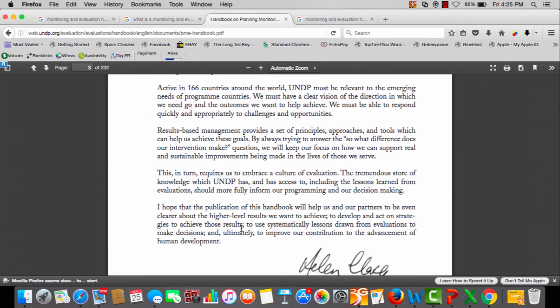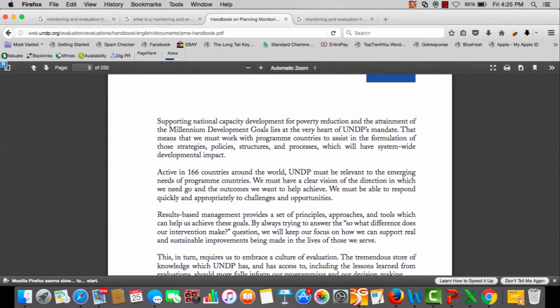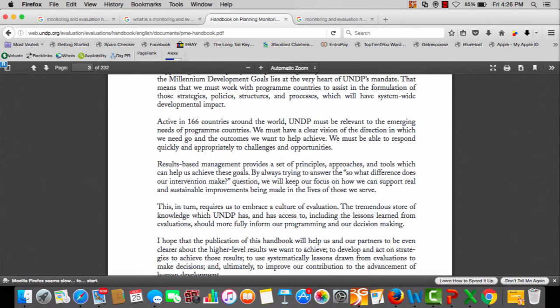So already when you are reading this handbook, in my view, it looks to be designed for the organization itself. Although we stakeholders can go through it, embrace it, and get some knowledge out of it, the truth of the matter is that it has been designed for UNDP and its partners.